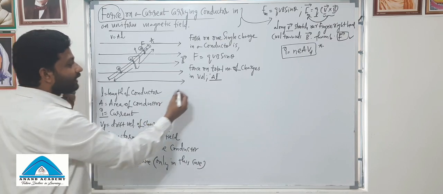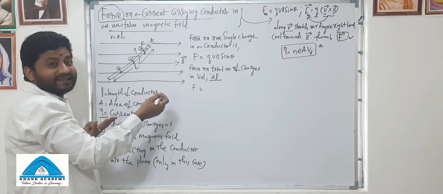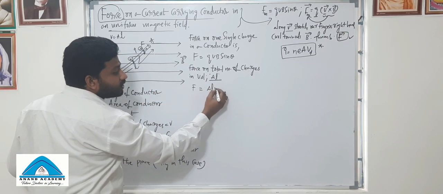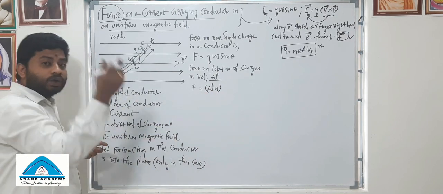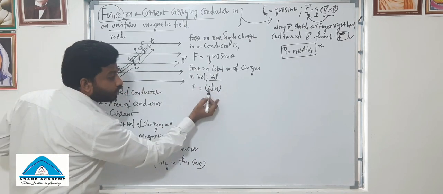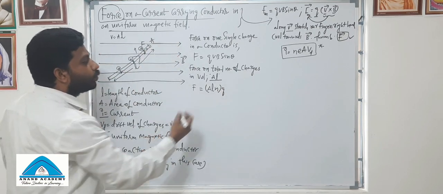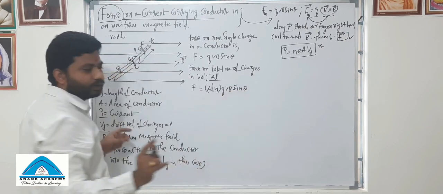Okay, so now here Q is a single charge. Now how many charges are there? So there are AL into N number of charges. So in this volume, number of charges are N and each charge is Q and rest of the things Q, V, B, sin theta. I hope you understand.